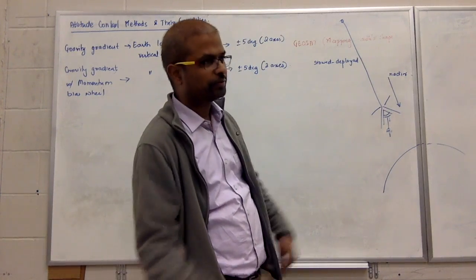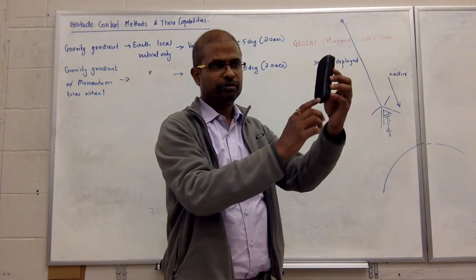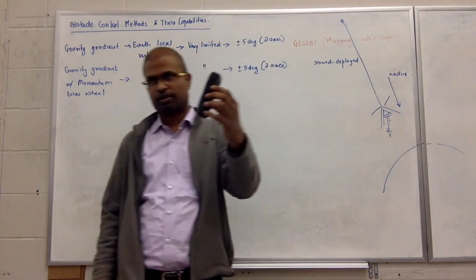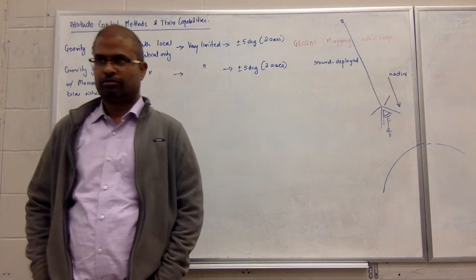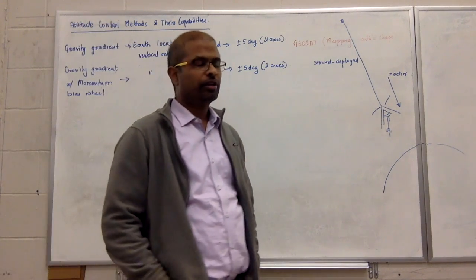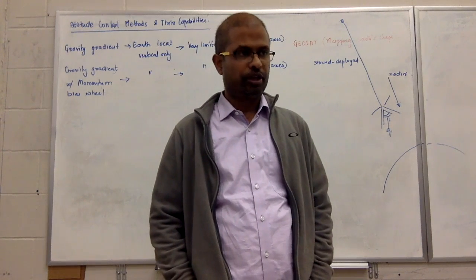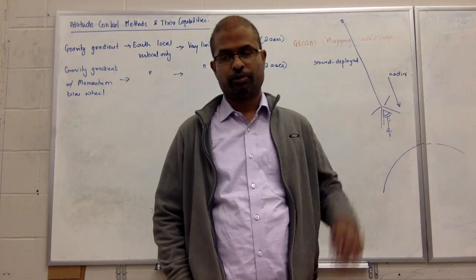It will do this and come back to that. It will rotate by 360 degrees. So the rate is what? 360 divided by the orbital period, whatever the orbital period is.